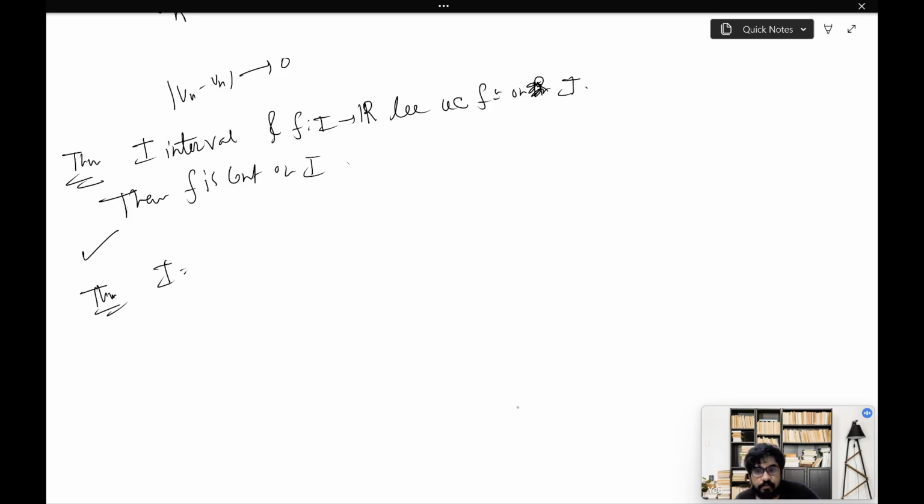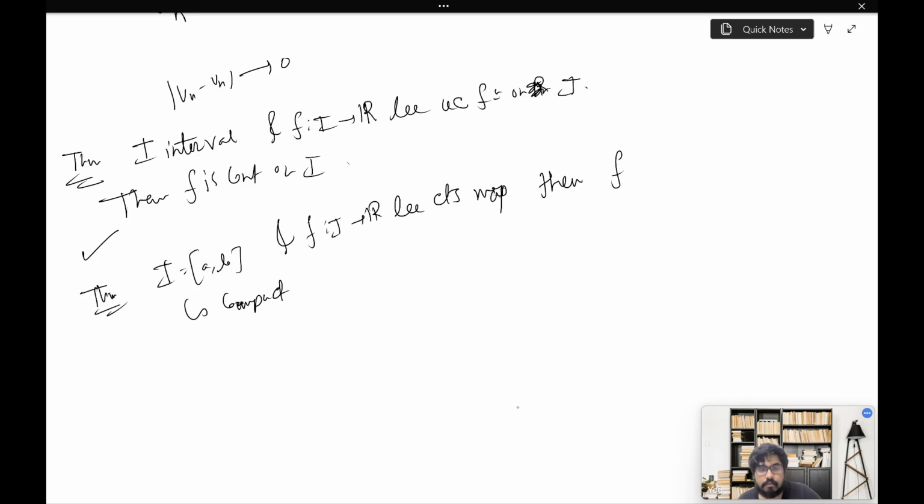This theorem says: suppose [a, b] is closed and bounded, that is compact. If f from [a, b] to R is a continuous map, then f is uniformly continuous.